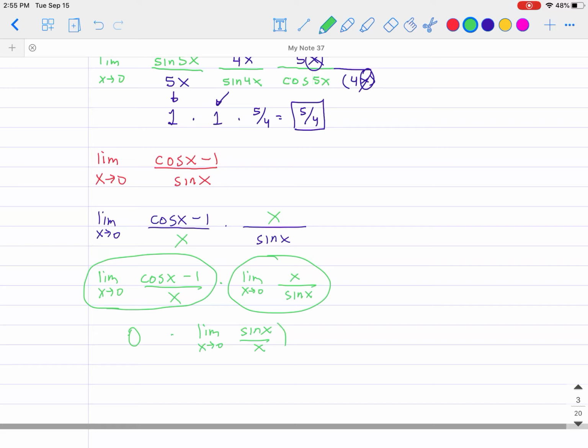Now this guy over here, if it helps, let's rewrite it. Limit as x approaches 0 of sine of x divided by x, and all that is raised to the -1. As I was saying, I'm going to take the reciprocal of it and whatever the limit is, take the reciprocal of it again, just to balance out the equation. So 0 times 1 raised to the -1.